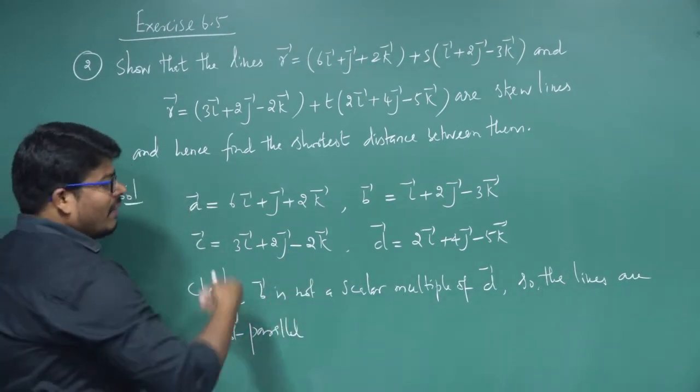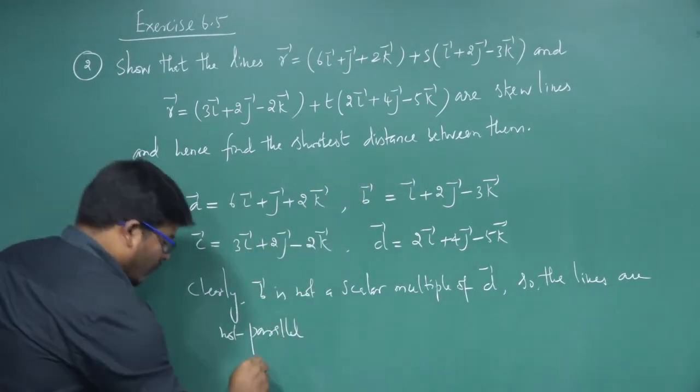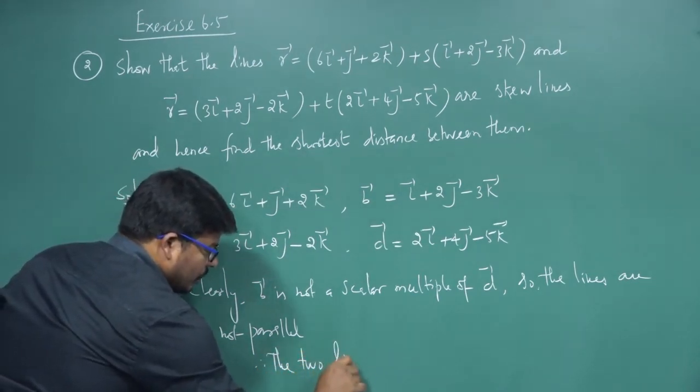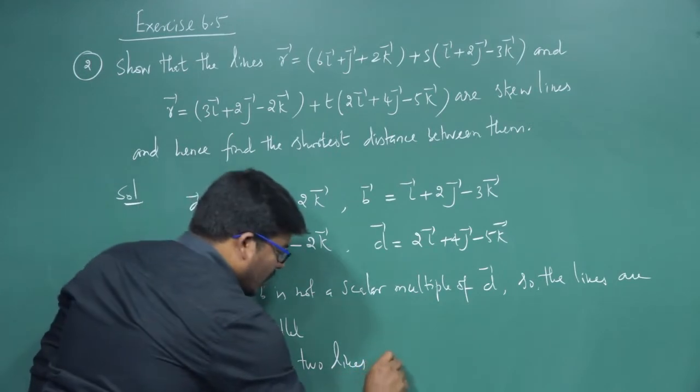Not parallel means the given two lines are skew lines. Therefore the two lines are skew lines.